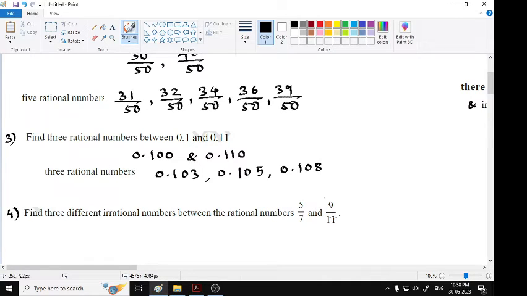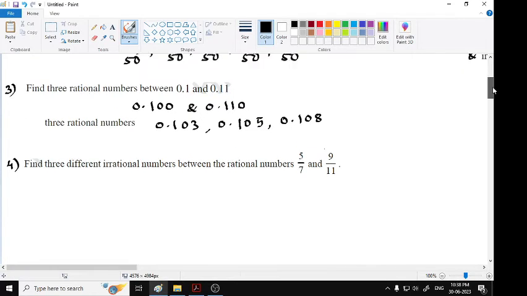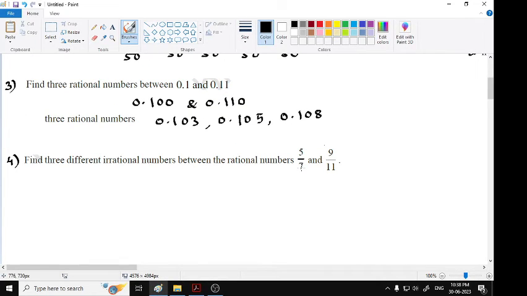Find three different irrational numbers between the rational numbers. Now these are rational and we have to find three different irrational numbers between these two. For that, first we have to find the decimal expansion of 5 upon 7.